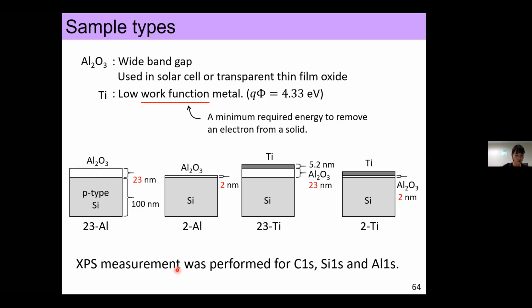The thickness of silicon was kept constant. The thickness of alumina was either 23 nanometers or 2 nanometers. They call these samples 23Al or 2Al. If those samples have a titanium cap, the sample is called 23 titanium or 2 titanium. Then they measured XPS spectra for these samples, focusing on the carbon 1s, silicon 1s, and aluminum 1s regions.